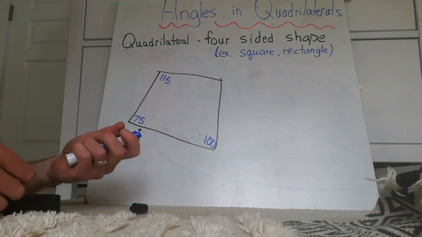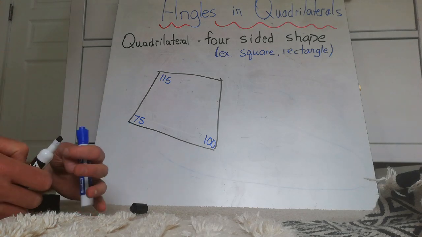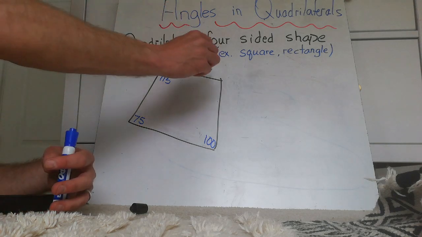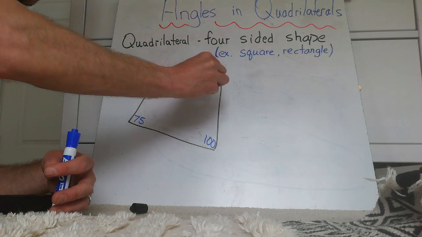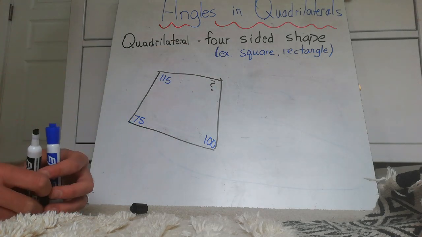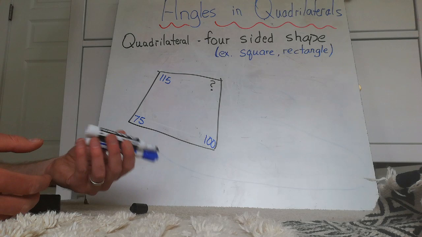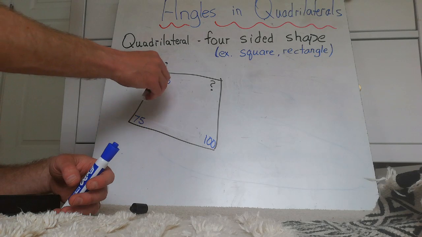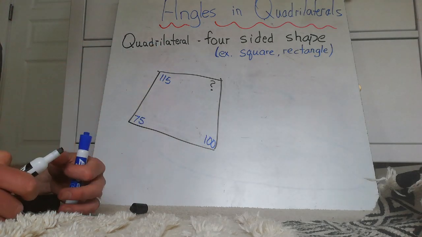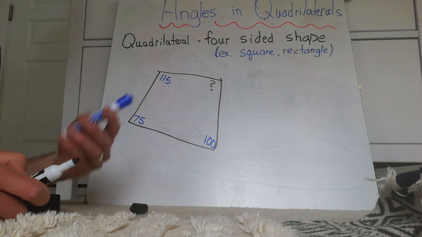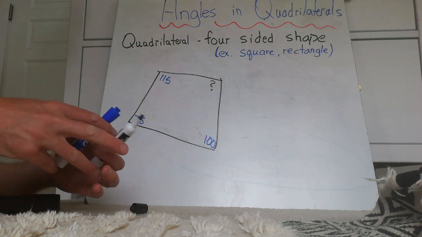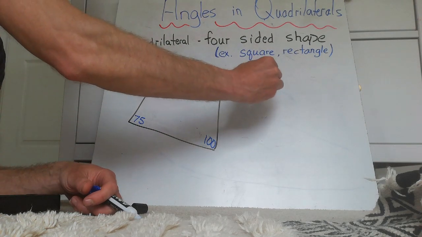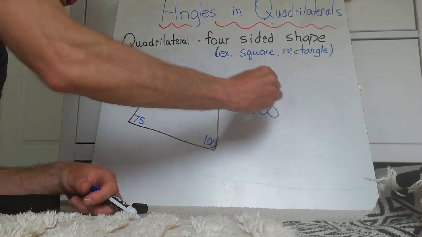Here's an example of a question that we will eventually get on your assignment. Just like with triangles, if you have one angle that's missing, we put a question mark there. The easy way to find it is that all four angles total 360, so you add up the three angles you know and subtract that from 360. I'll first add up the three angles I know: 115, 100, and 75.